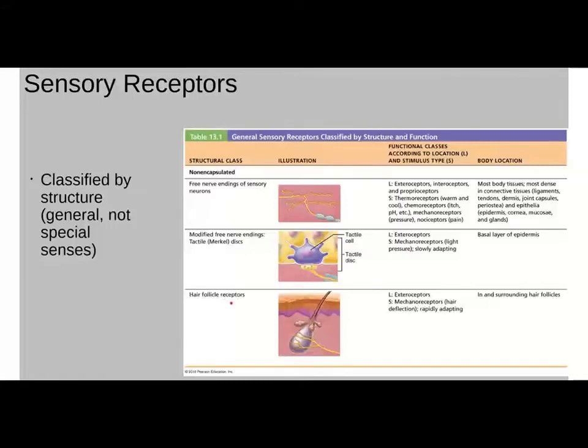And we have hair follicle receptors, also found in our integumentary system. Here we see the dendrites wrap around a hair follicle. And when the hair shaft is moved, it kind of moves the hair follicle, which stimulates that neuron.